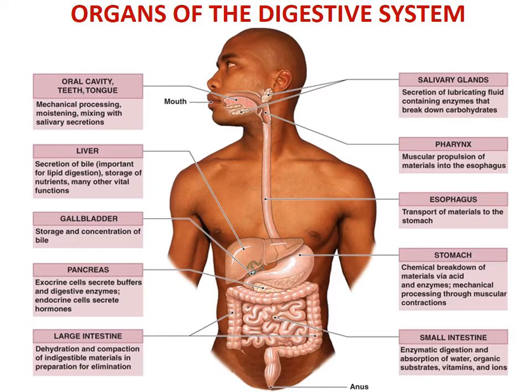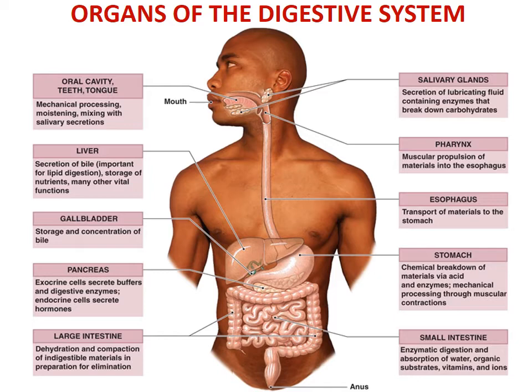more in action. Then the liver has got secretion. The secretion of the liver is called bile, and that is important for lipid digestion, storage and nutrients of the material through vital organs. The gallbladder is storage and concentration of bile that is secreted by the liver, right? Always remember the secretion of the liver is called bile. The pancreas, its secretion is called pancreatic juice.